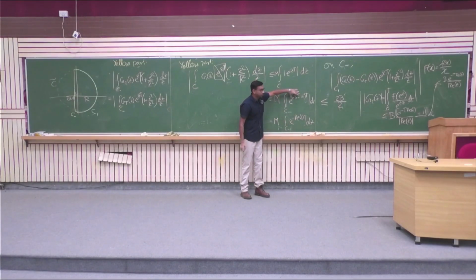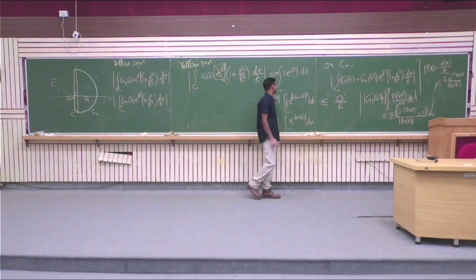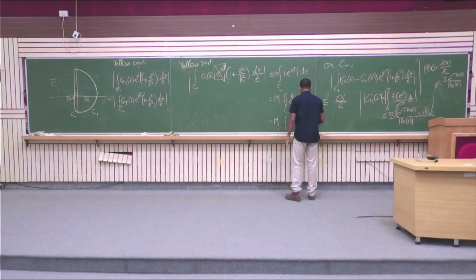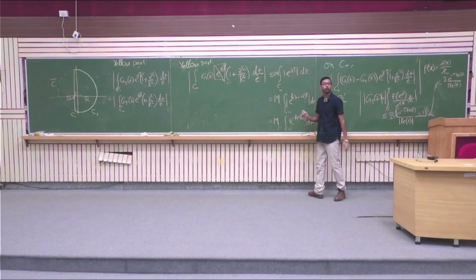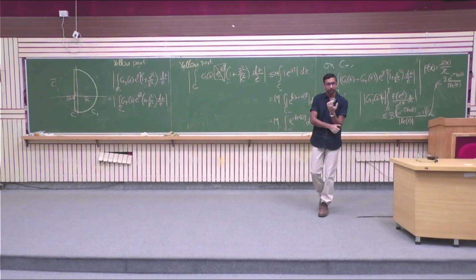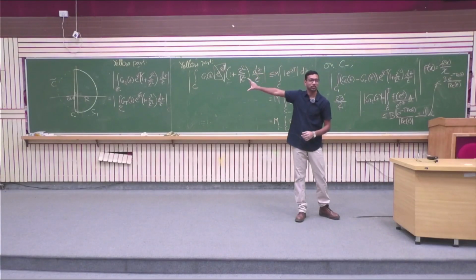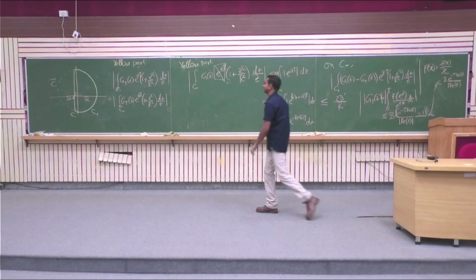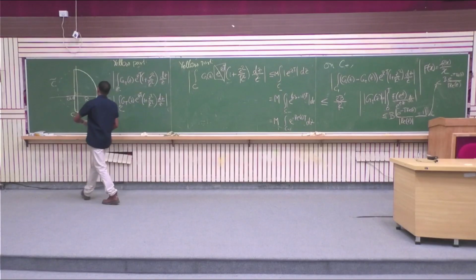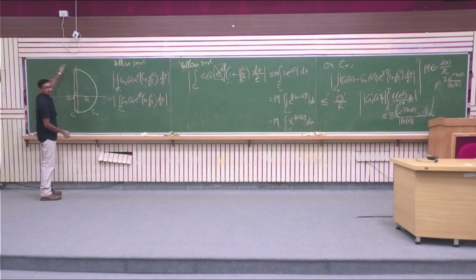So I just wanted to expand this to the absolute value of, yeah, right, okay, and the length of the contour, because it's just a compact thing. It's about this length, right?